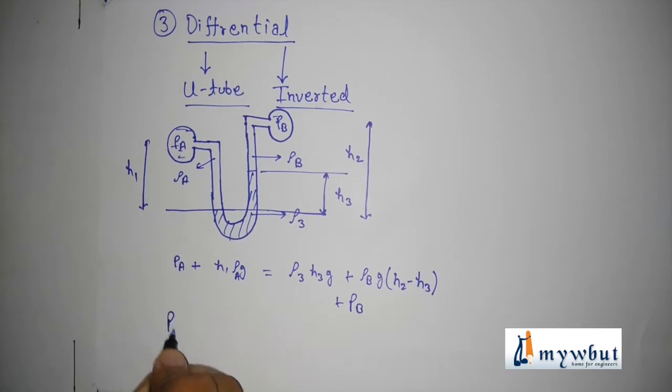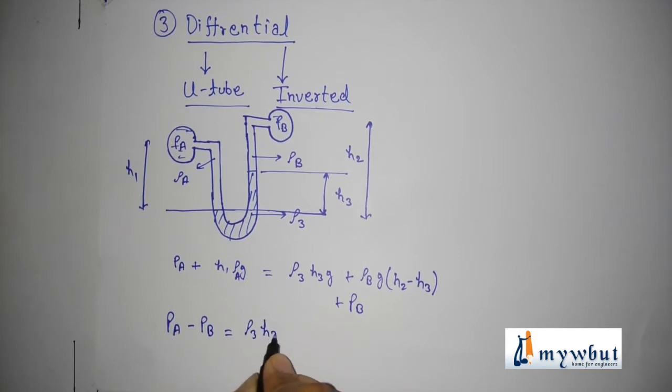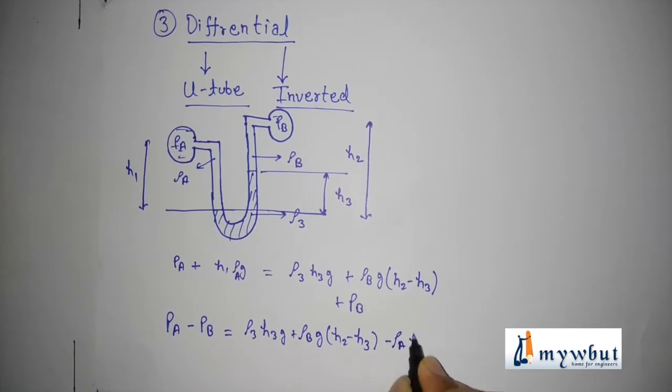Now we can measure the pressure difference PA minus PB as rho 3 H3 G plus rho B G (H2 minus H3) minus rho A H1 G.